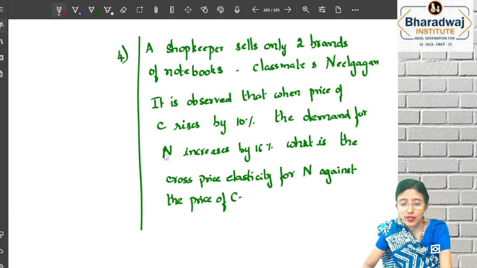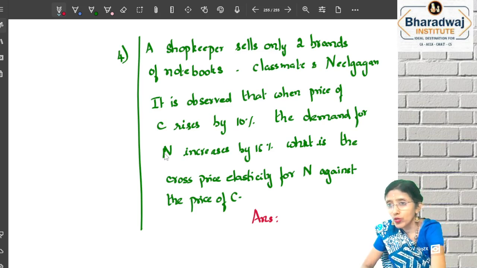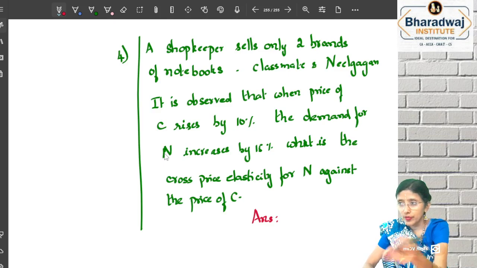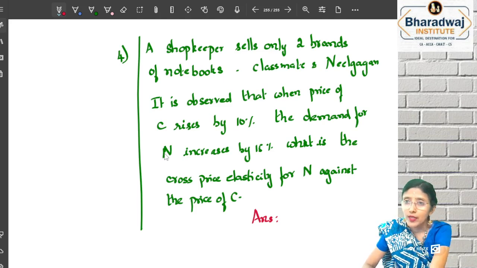It is cross elasticity, they have also given that clearly. You know the formula, no? Cross elasticity? Not for this, generally I'm asking. Delta Q by Q of X commodity, divided by delta P by P of Y commodity.